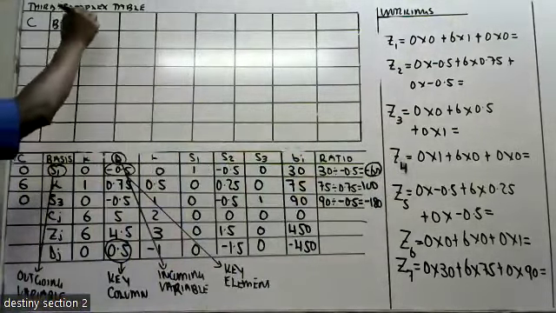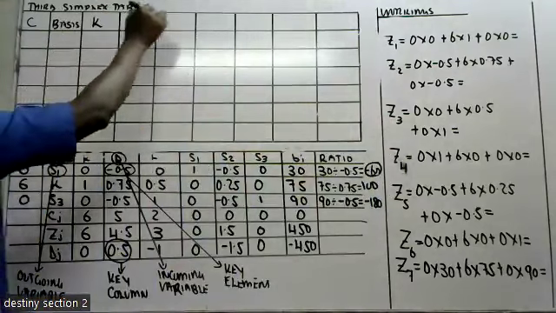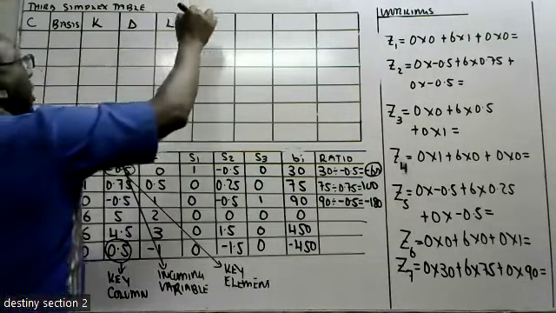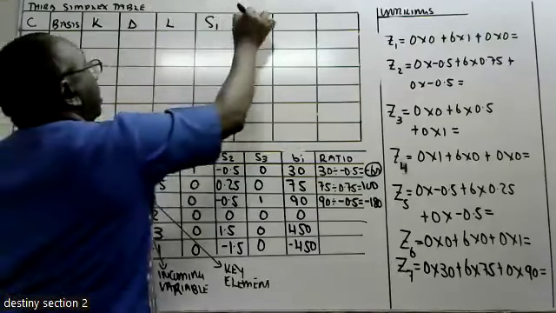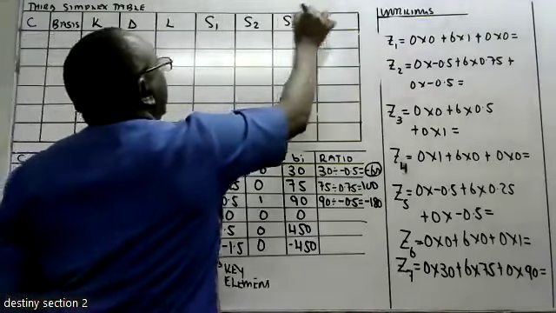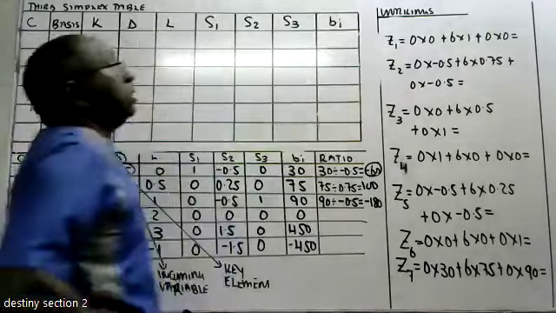So this is K, this is D, this is L, this is S1, this is S2, this is S3, this is BI.